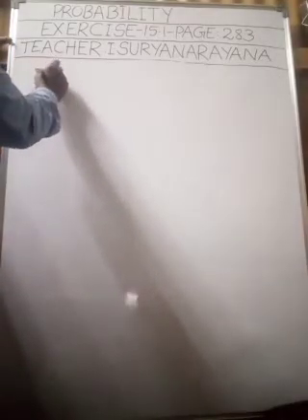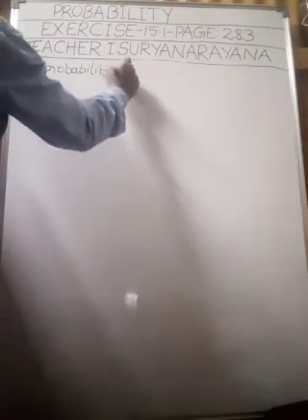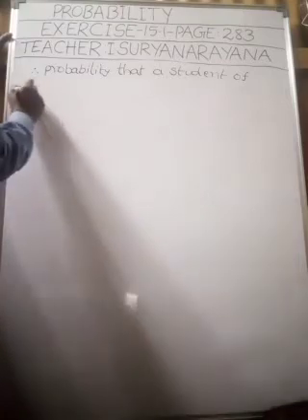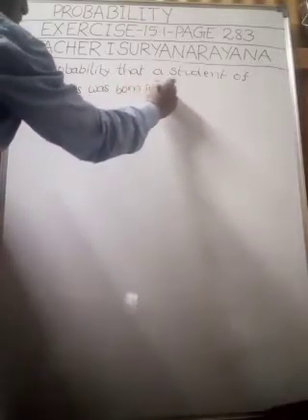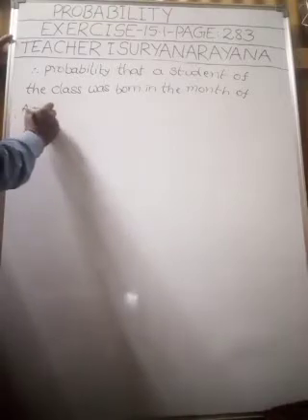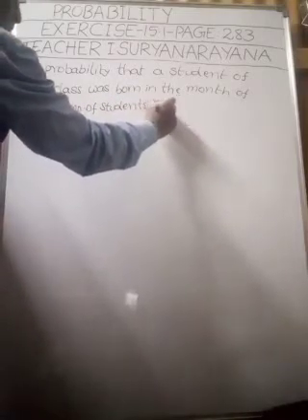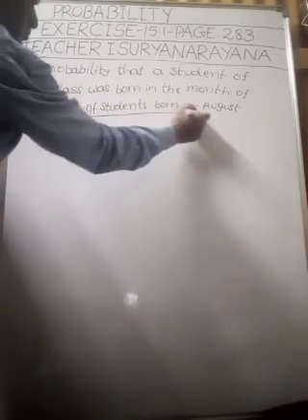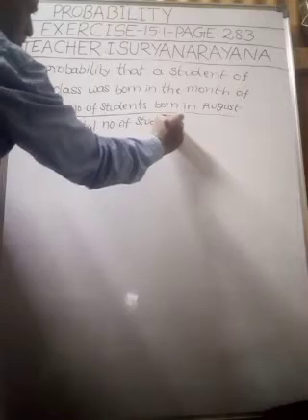Therefore, probability that a student of the class was born in the month of August is equal to number of students born in August whole divided by total number of students in the class.